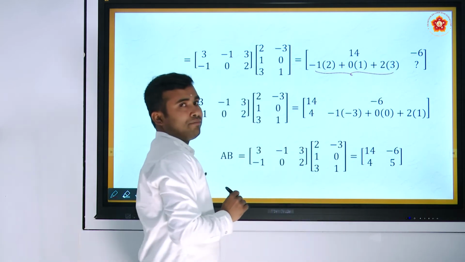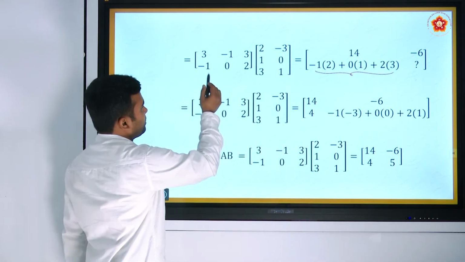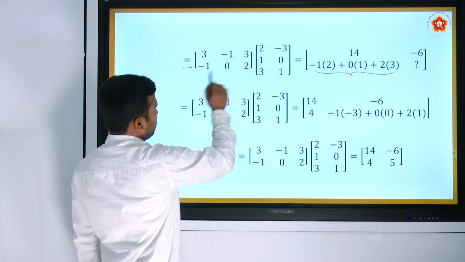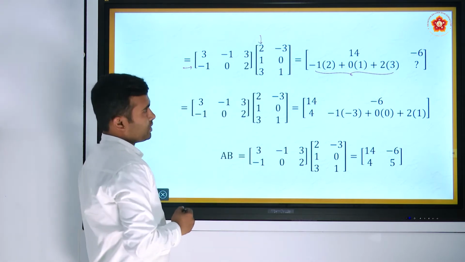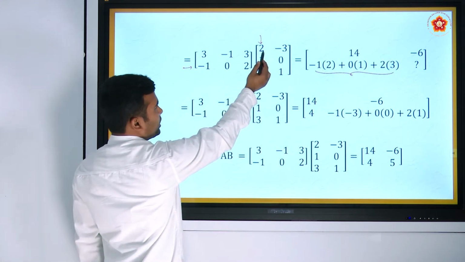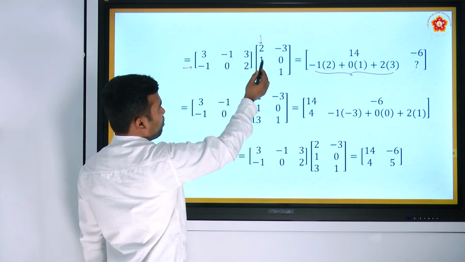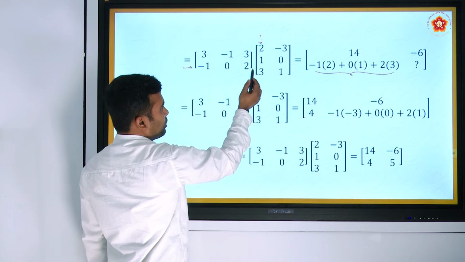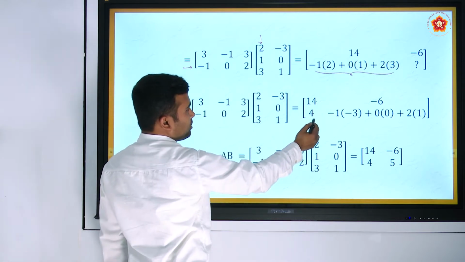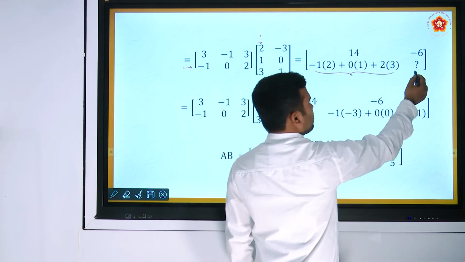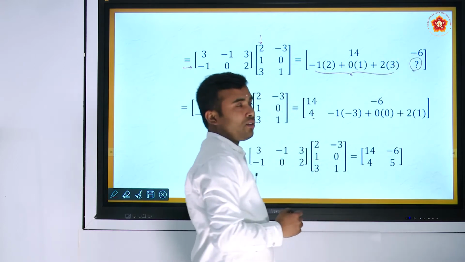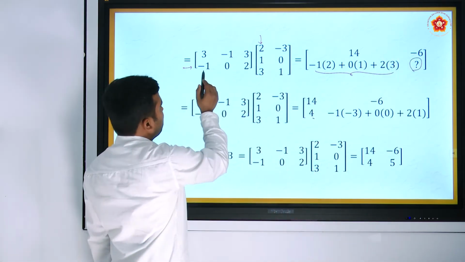element can be found by multiplying the second row with the first column: minus 1 into 2, plus 0 into 1, plus 2 into 3. The answer is 4. Then similarly, we can find this value.